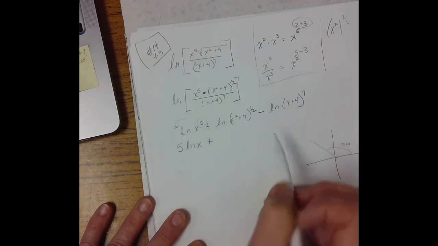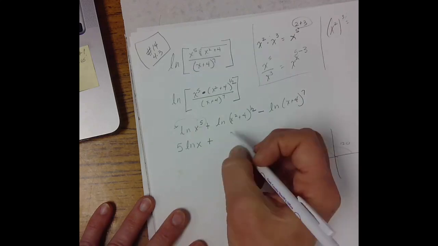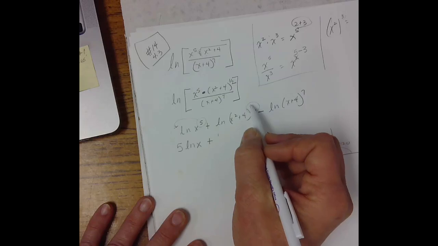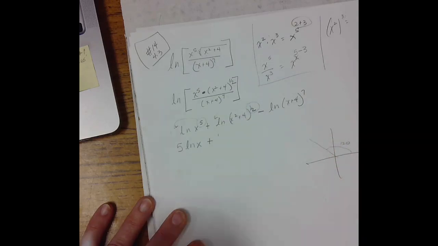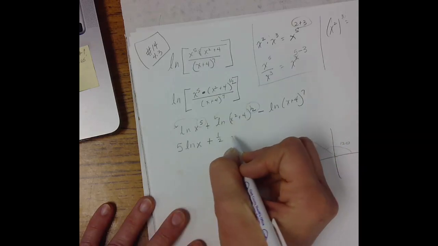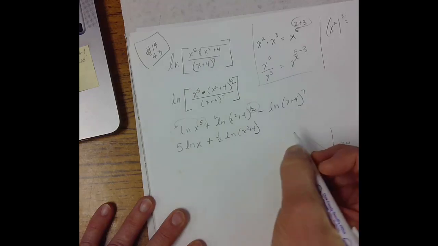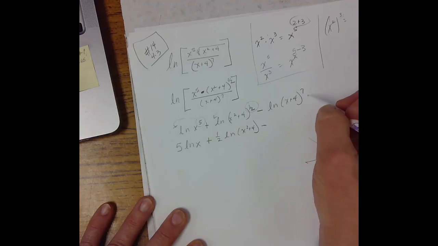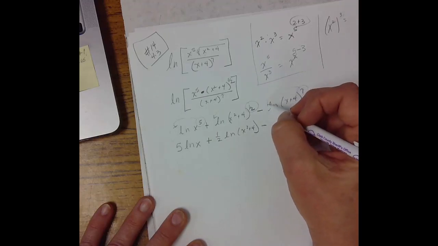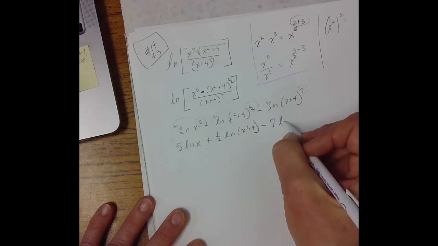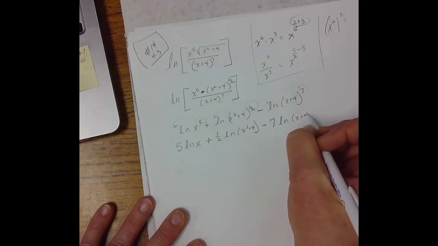Now, what will be the second one? X squared plus 4 to the 1. Yeah, but pull the 1/2 out first. Oh, yeah, okay. So 1/2 ln. Then the same thing for the last one: minus, pull out the 7 in front. 7 ln of x plus 4.